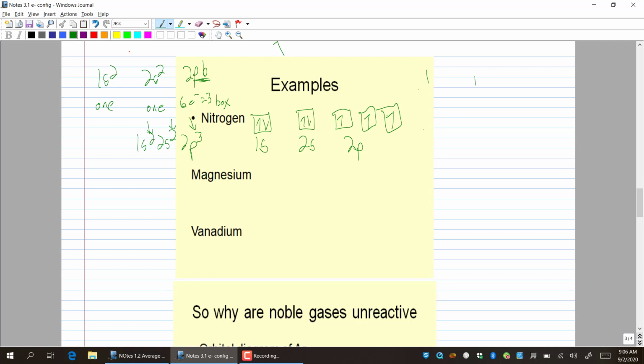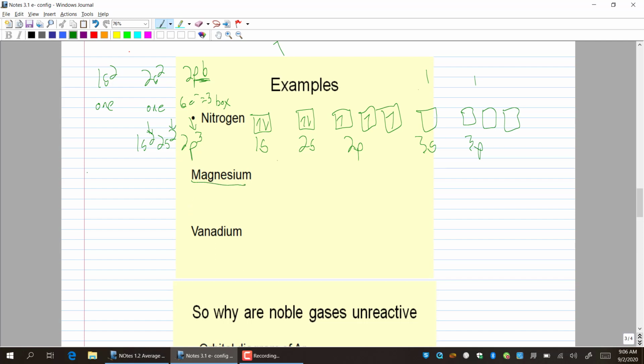If you look at it, you've got to get used to 1s, 2s, 2p, and then the next one would be 3s, which would just be 1 box, and 3p, which would have 3 boxes. Every once in a while, AP Chemistry will show it slightly differently, so I'll show you that method now. Here's magnesium.